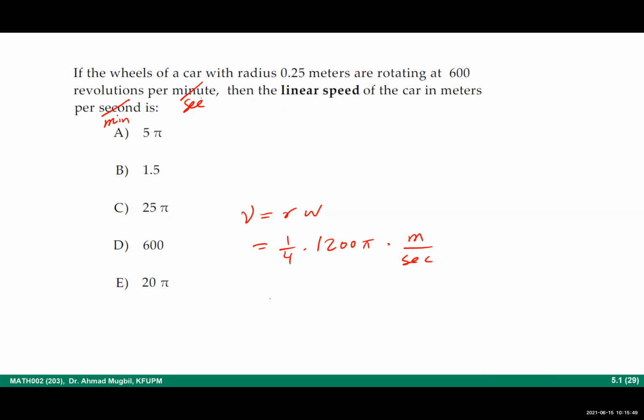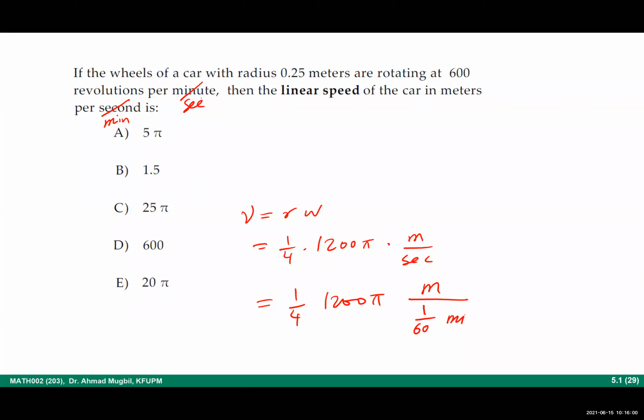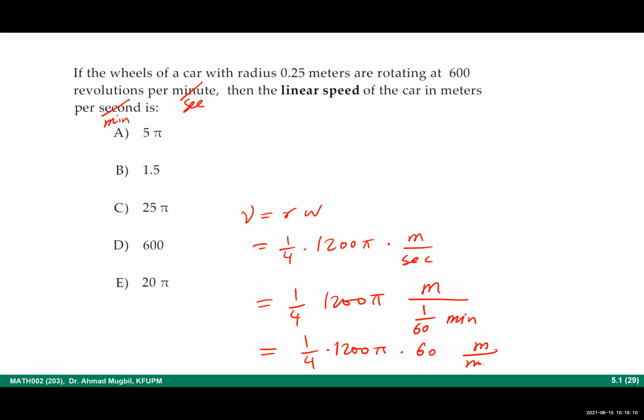How to convert it to minutes? It will be 1 over 4, 1200 pi, meter, and instead of 1 second, we will write 1 over 60 minutes. Okay, so this 60 will be in the denominator. So it will be 1 over 4 times 1200 pi times 60, meter per minute. Is that clear, Shabab?